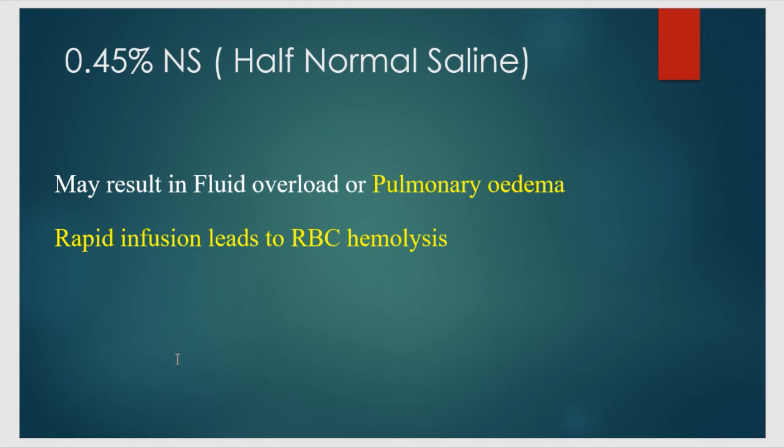All these features will be there if we are giving 0.45% normal saline in burn or trauma or other patients, what we have just discussed. One important thing is the rapid infusion of 0.45% normal saline leads to RBC hemolysis. So please don't infuse it rapidly. Okay.